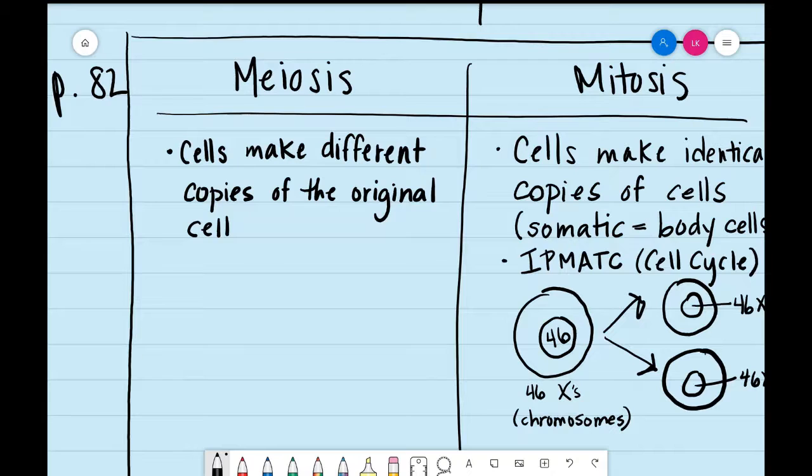So for now, just know that the cells make different copies of the original cell. And actually, it is specific to gametes. And you know gametes, those are our sperm and egg cells. Specifically, we are talking about the human body.